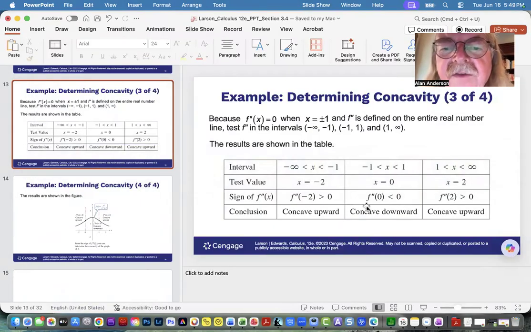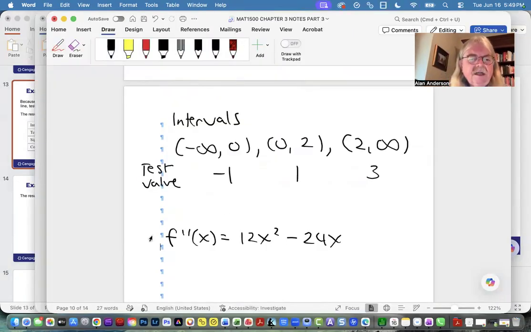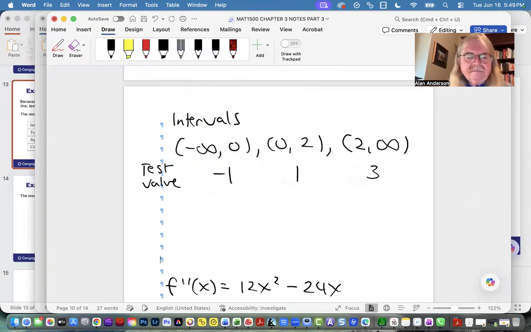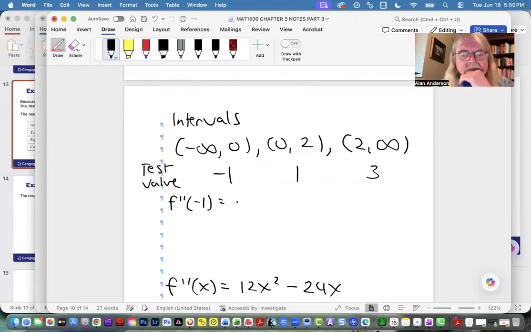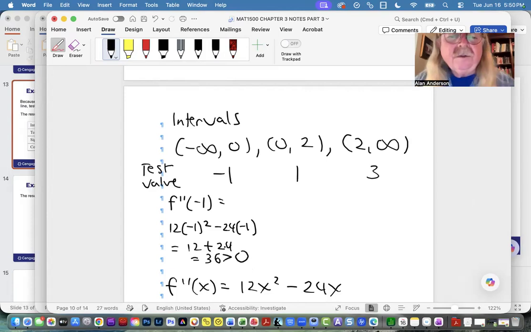And then we're going to find the sign of the second derivative. So like this one, there's not a whole lot of room here, so I'll have to be careful. Okay, so positive there.